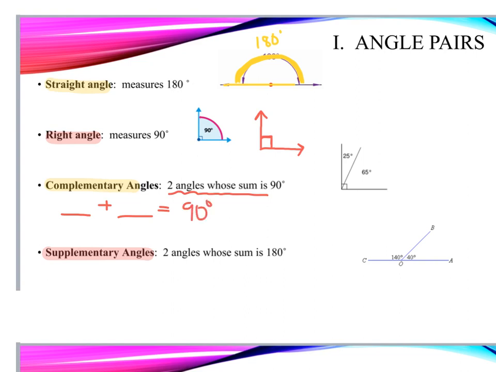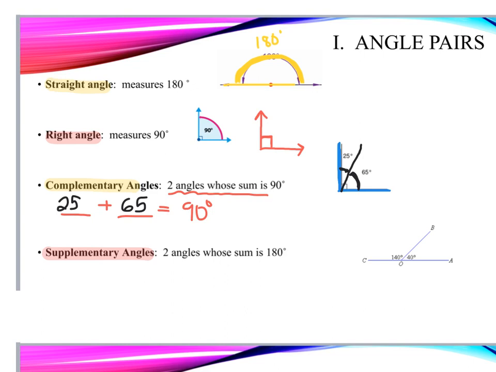Take a look at the picture here. I have a right angle, and I'm basically splitting my right angle into two sections. So I'm splitting my right angle into a 25-degree section and a 65-degree section. 25 and 65 gives me 90 total.